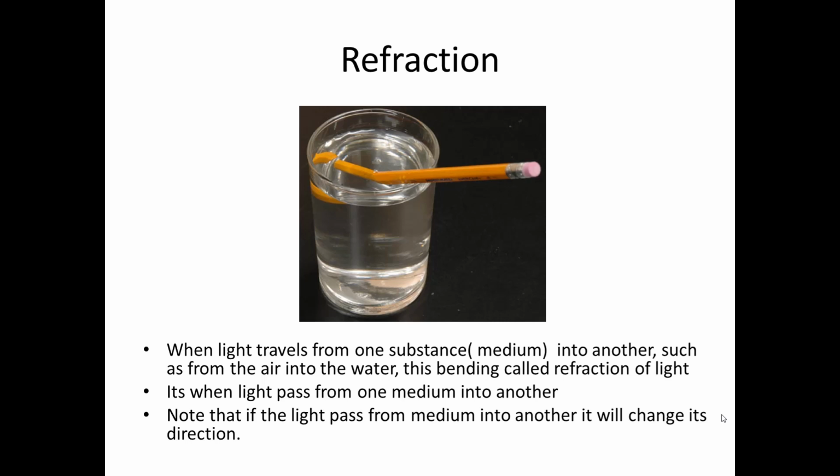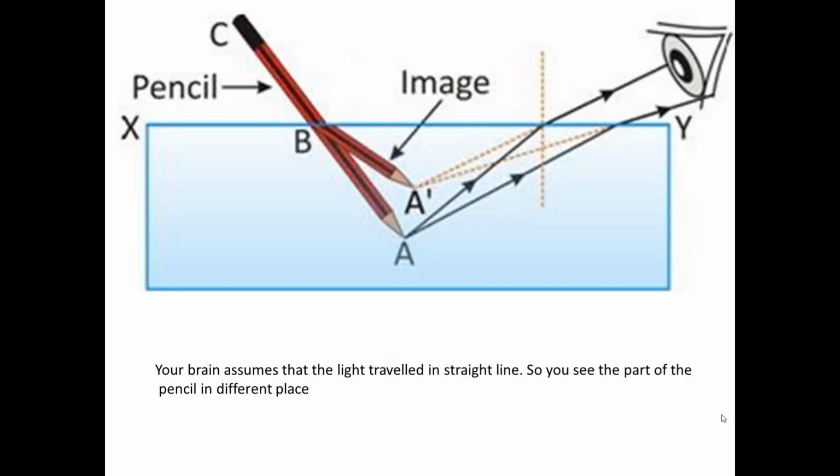So keep in mind, when light comes out from one medium into another medium, for example, from air into water or from water into air, this light will change its direction. Okay? Now, why does the pencil look like it's bent?